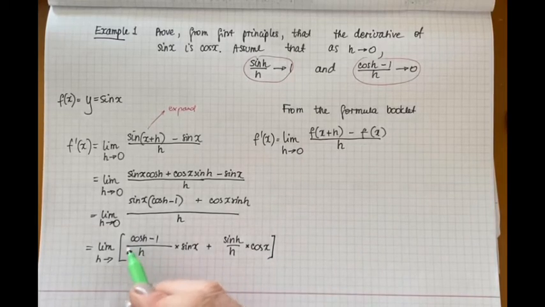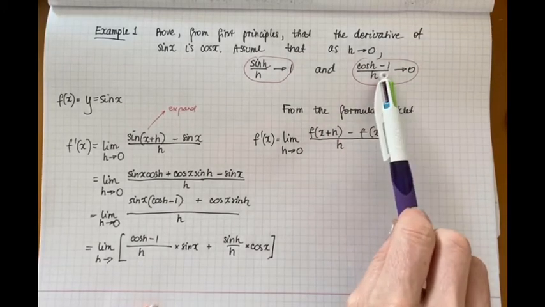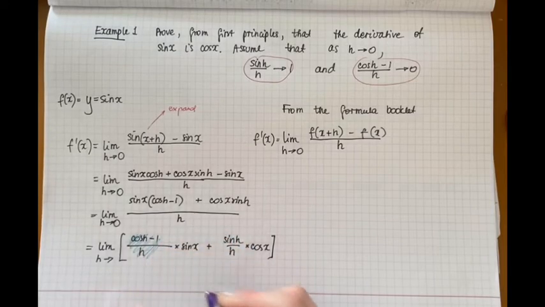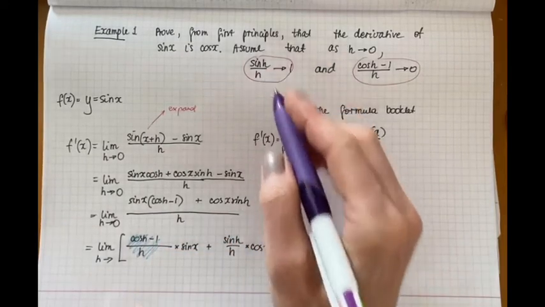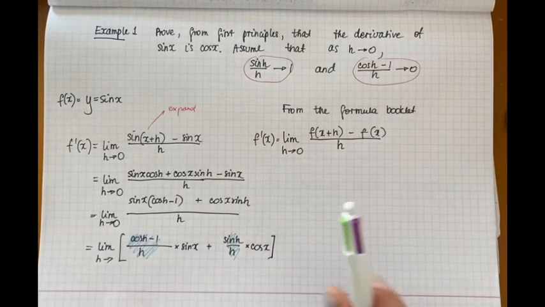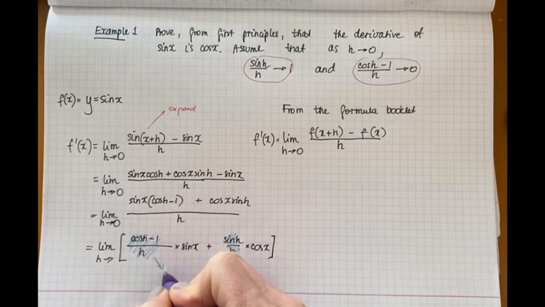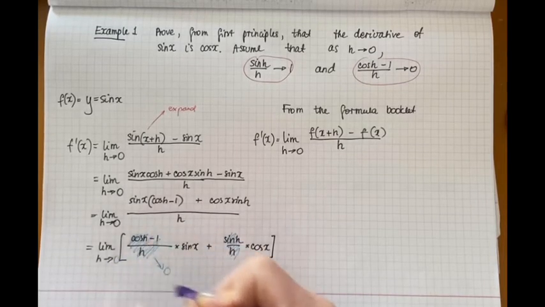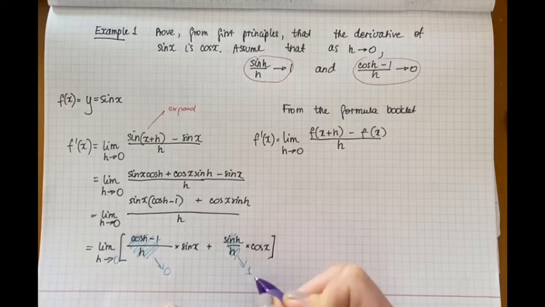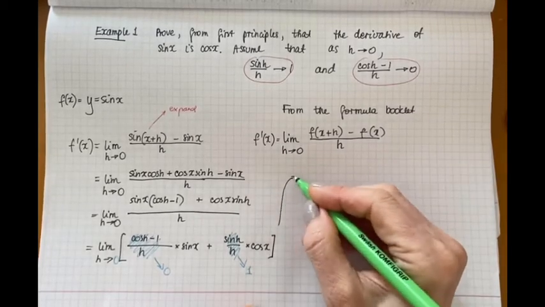So now let's look at our expressions. I have got cos h minus 1 divided by h, and I've got sine h over h. Just appeared naturally without thinking. So this one here can tend to 0 as h tends to 0, and sine h over h tends to 1 as h tends to 0.